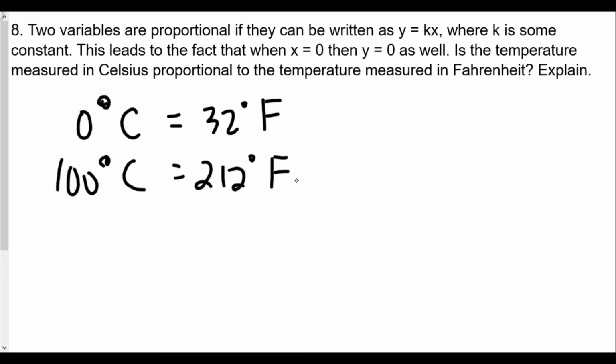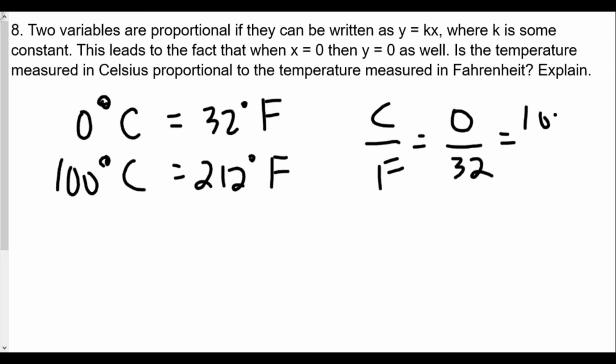Right? Well, here's the thing. If we do Celsius over Fahrenheit, is 0 over 32 actually equal to 100 over 212? And the answer is no, not equal. Well, how do I know? Well, 0 times 212 is not equal to 100 times 32. Definitely not going to be directly proportional. Okay, so there is no direct variation. So the answer is going to be no.